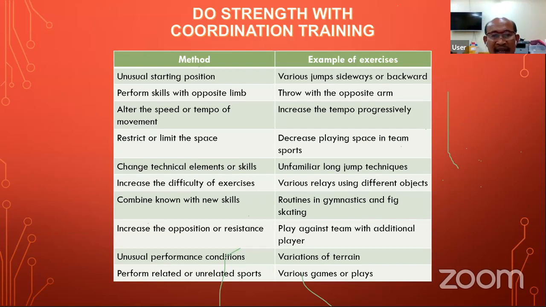You can change speed, high speed, low speed. You can increase the resistance, high resistance, low resistance, and different conditions. Then you will gain more coordination in the muscle, and you can apply that as the link to the strength training, and your athletes will be better than if you do only strength training.